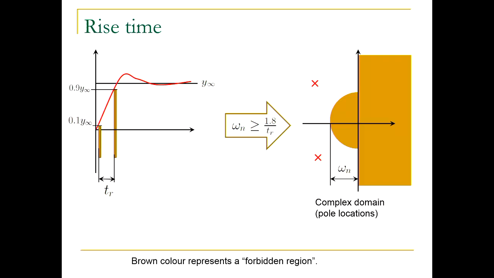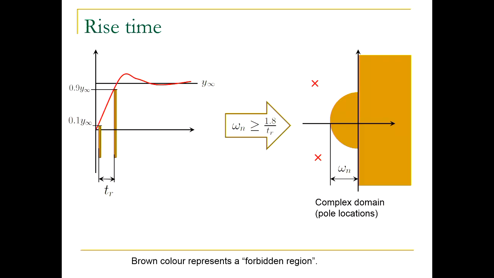So if you give me now a rise time that you want to achieve, you can again show, and Franklin does that, that omega n, which is the undamped natural frequency of the poles, should be satisfying this inequality. What does that mean graphically? Well, you definitely mustn't be in the right half plane.